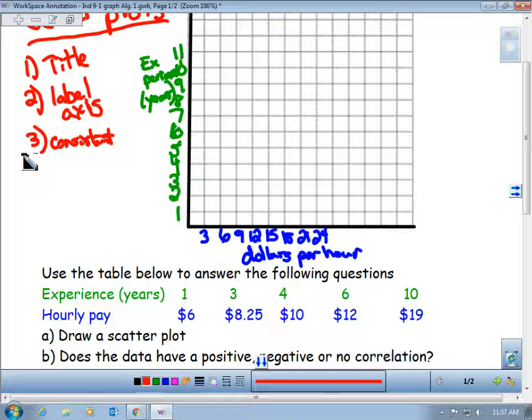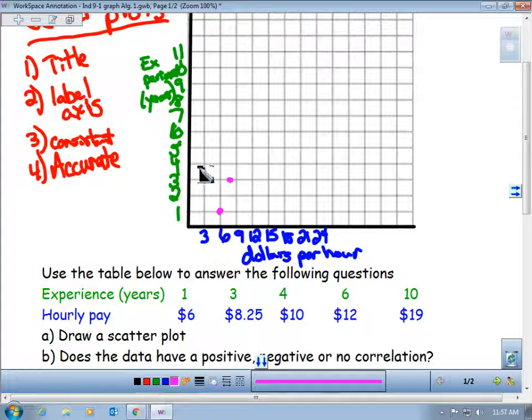And then the next thing is you want to be accurate. You need to be as accurate as you can when you're doing this scatter plot, which is really what we're doing here, part A, drawing the scatter plot. So for 1 year of experience, you make $6 an hour. So over here in the graph, for one, I want to make sure I'm at $6 per hour. For 3 years of experience, it's 8.25. So 3 years, 8.25 would be a little bit past halfway here.